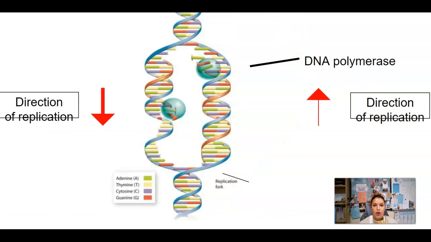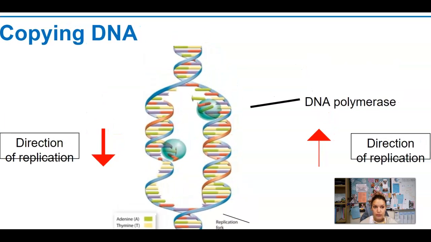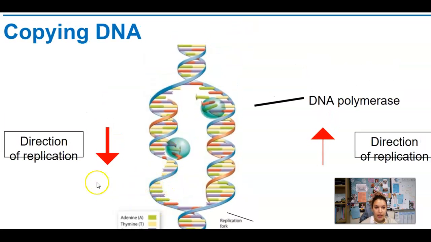All right, so how do we copy or replicate DNA? There is the direction of replication going this way and this way. What we call this right here is the replication fork, where it starts to split on both sides.